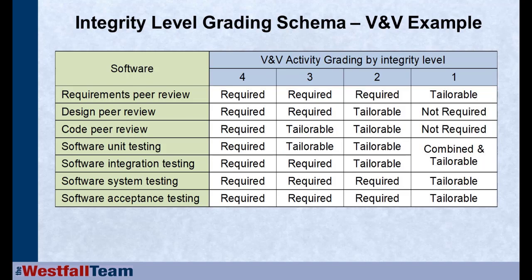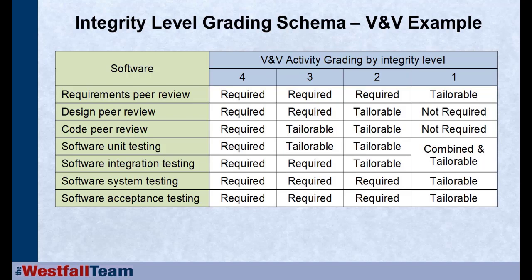You may decide that your level of integrity is a level 4, and you are going to require rigorous levels of all of the various V&V activities. Now, this is just an example. I'm not trying to say this is the recommended example. You're going to have to make these decisions for you. But any given company may create different levels of integrity of software. For your highest levels, you may require rigorous implementation of all these V&V activities.